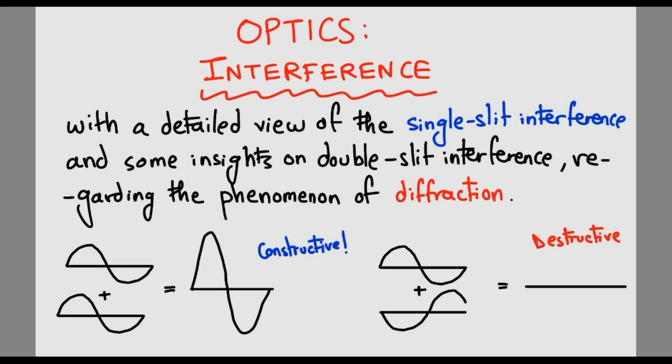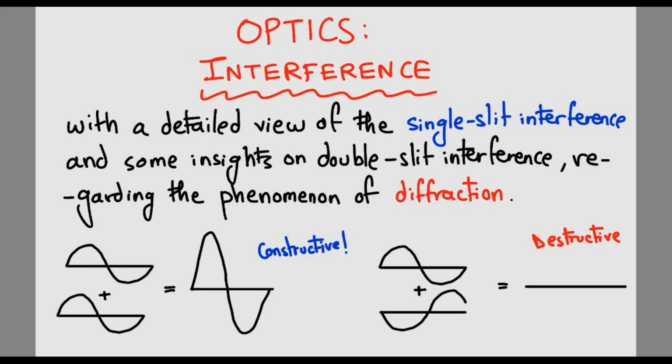And just to recap, not everything we learned last time, but the part which is very important for this video, is interference. We found out that if two waves overlap at the same phase, they give an increased amplitude, not always, but almost always double the amplitude.